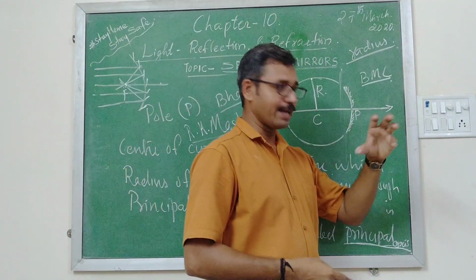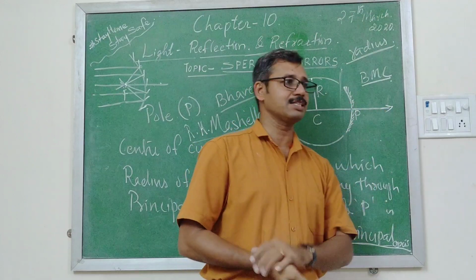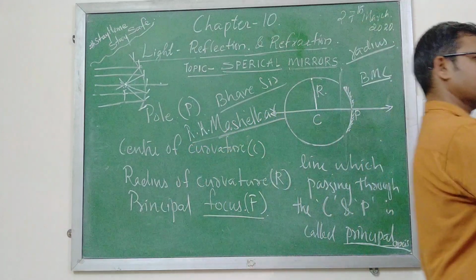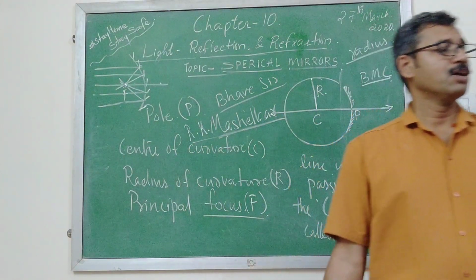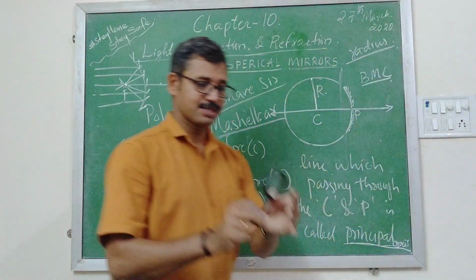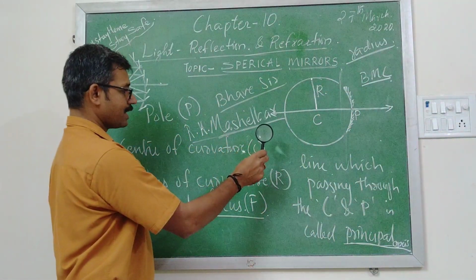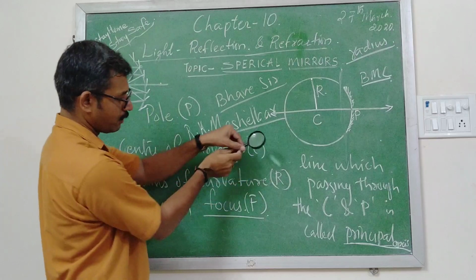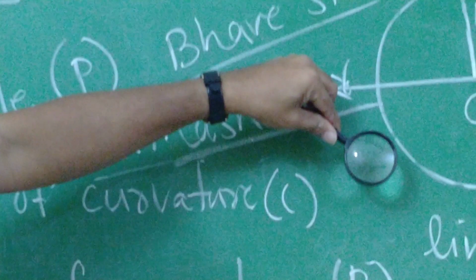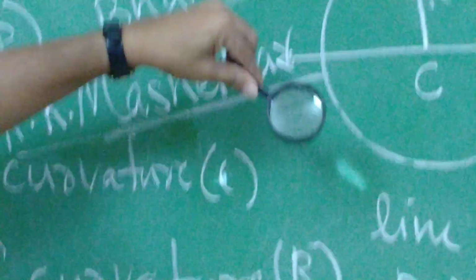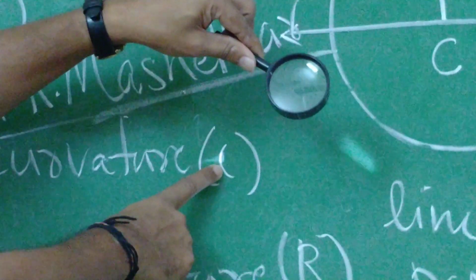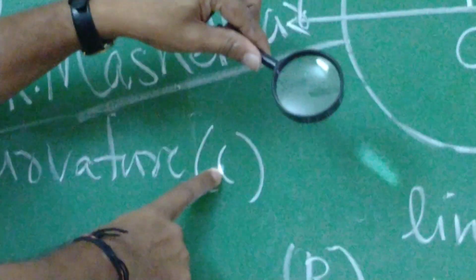When the rays of light pass through the convergent lens, you can see here a sharp spot.